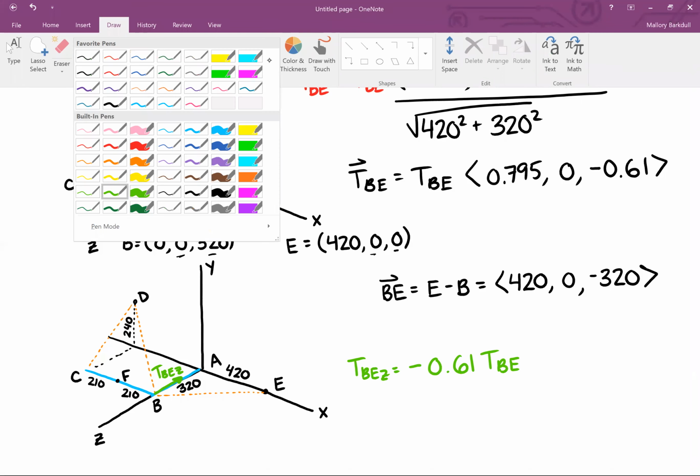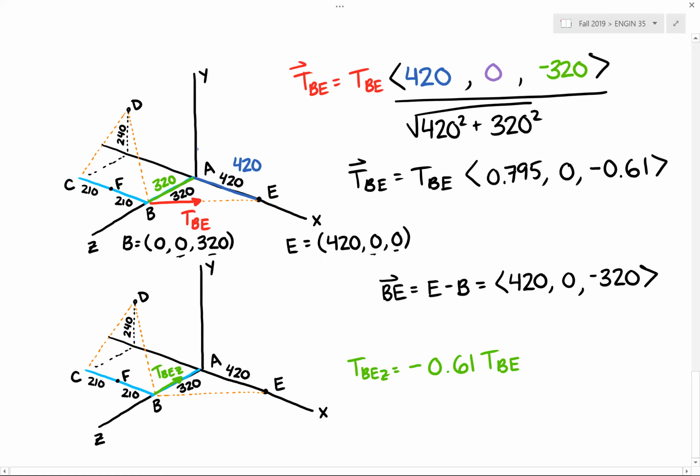And then we have the x component, TBEx, where TBEx is 0.795 times the magnitude of TBE.